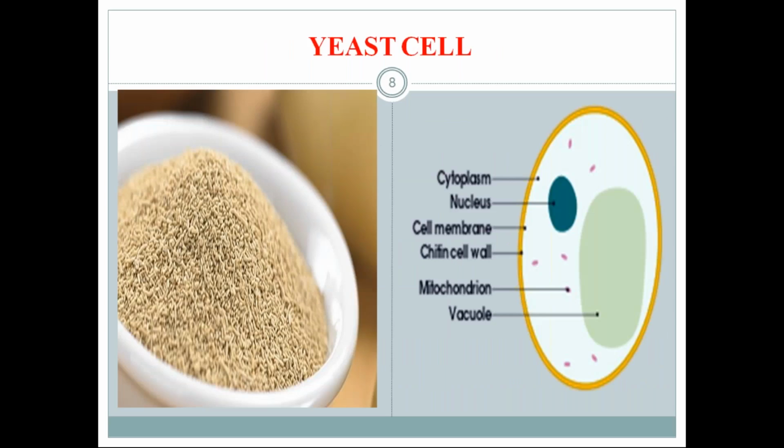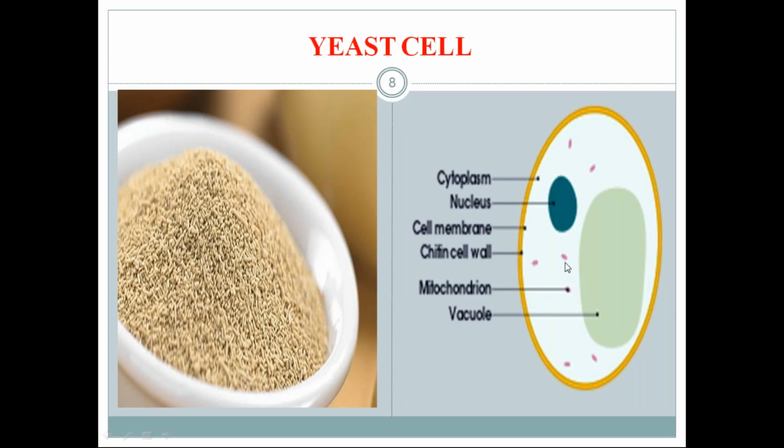Now this is the yeast cell. The first figure is the yeast cell that you can see. That yeast cell is majorly used in different types of products such as bread, yogurt, etc. And the second figure is the yeast cell structure. If we start from inside, then inside we can see the vacuole. After vacuole there is a mitochondrion.